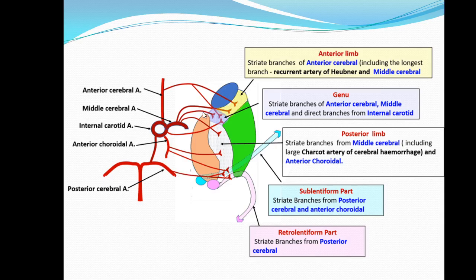They supply the area of the caudate nucleus, thalamus, and internal capsule. This is very, very important because in the internal capsule most of the ascending and descending tracts are very close together, in a compact position. So if there is involvement of these arteries, the lesion is very large.